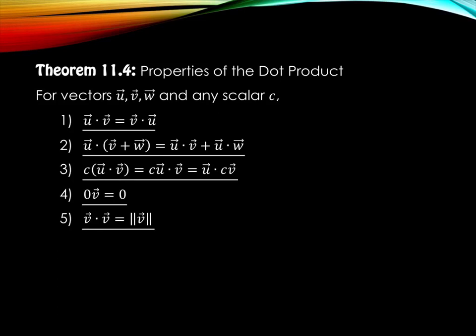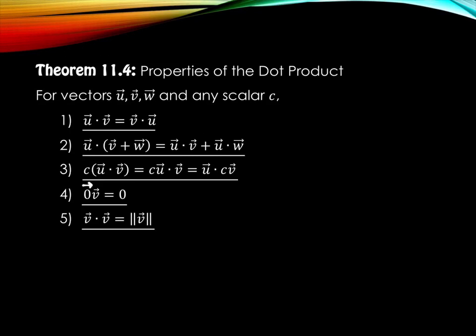We have sort of an interesting associative property. Looks a little bit different than what you're used to. You could actually take the scalar c, and you can multiply it by the dot product, and it would be the same thing as multiplying it by either of the individual vectors first and then doing the dot product. I have a piece missing on number 4. I think I knew that too, and I never went back and fixed it.